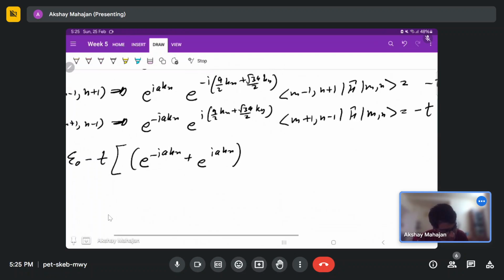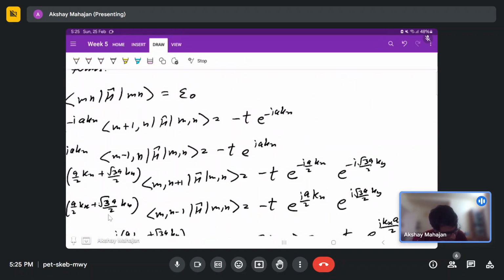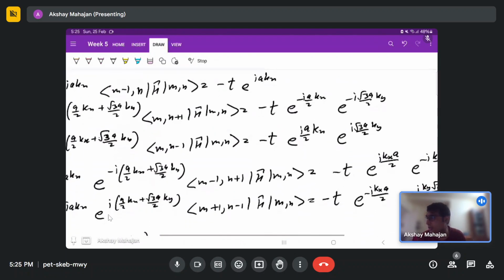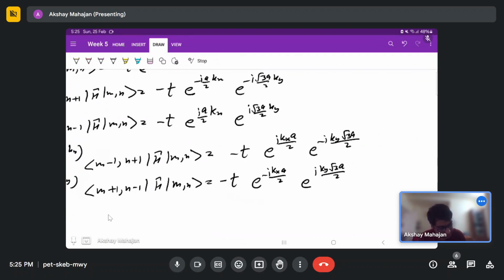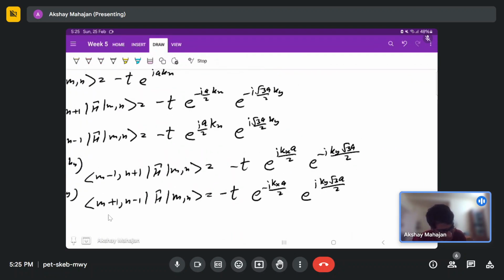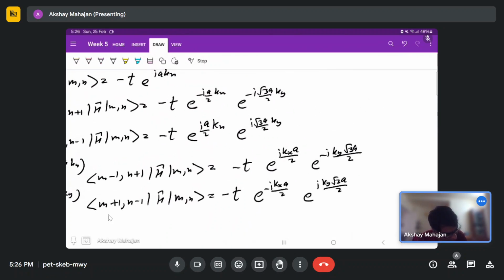Then I will take these two terms together. We have these four terms, and among them I will take two combinations to start, this and this term, and this and this term.